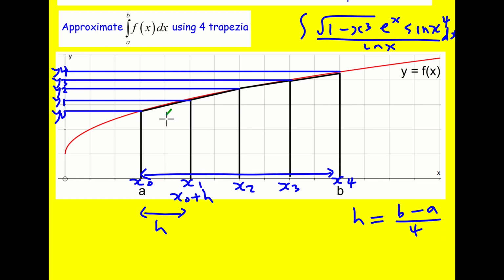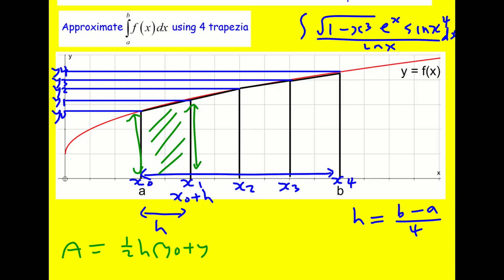Now, if I want to work out the area of this trapezium, then it's got height of h, and then I'm going to add on the y0 and the y1, these lengths here. The next one is going to be here, this red one, and that's going to be the same height of h, but now it's going to be y1 plus y2.